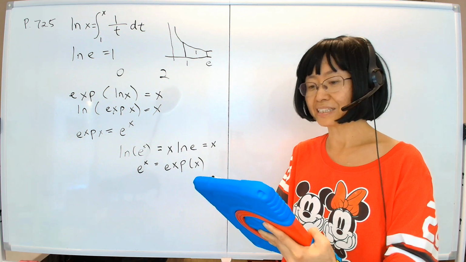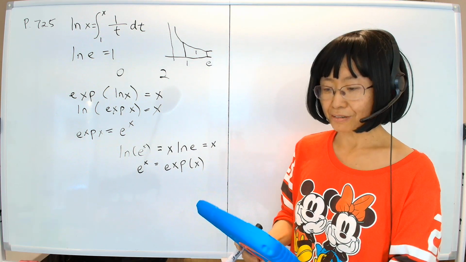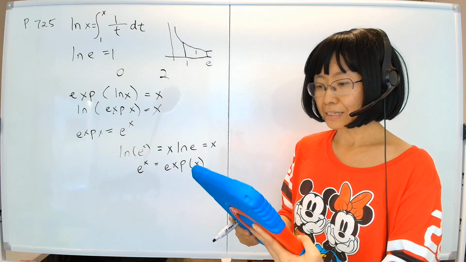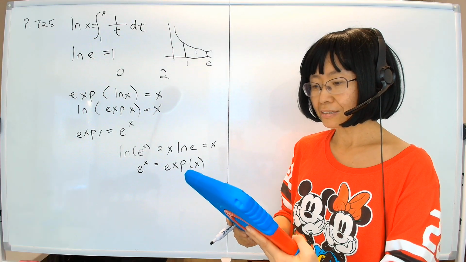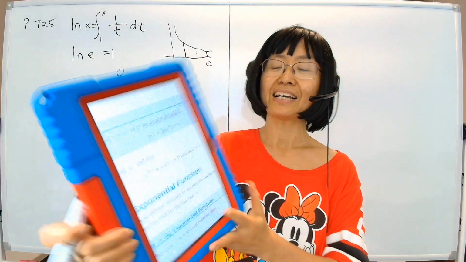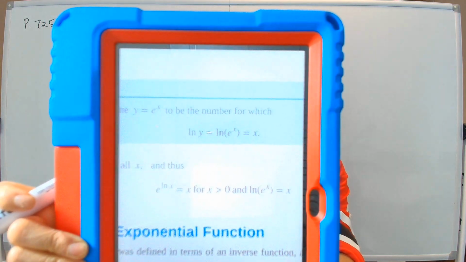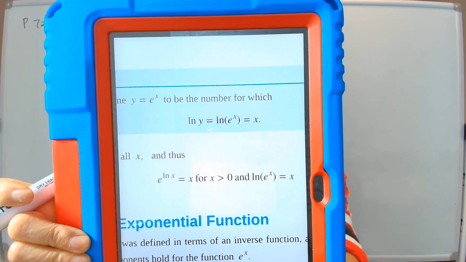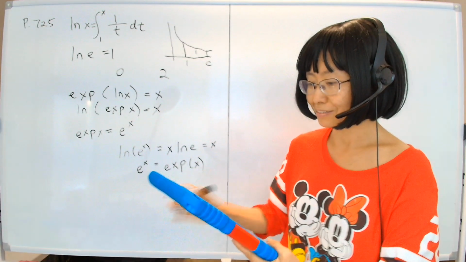Therefore, look at the next page, page 727, where y equal to e of x is defined to be the number for which the inverse function works out. The natural log of y is equal to the natural log of e to the power x, which is just x. All right, so far so good.